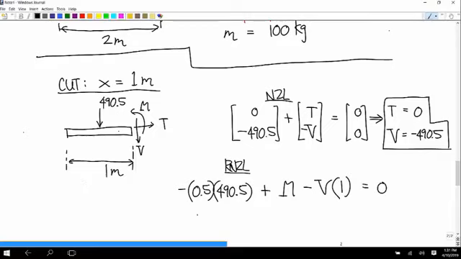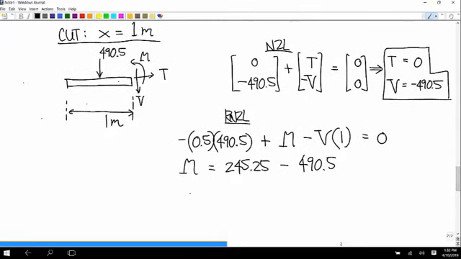So this is equal to 0. So we have M is equal to 245.25 plus V. So that's minus 490.5. And so the bending moment is negative 245.25. This is newtons, this is newton meters.